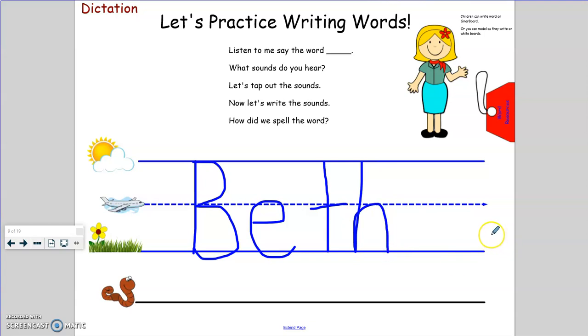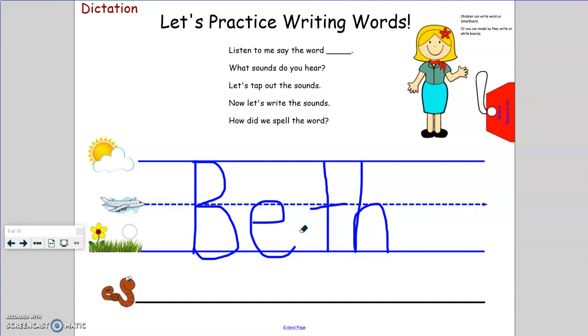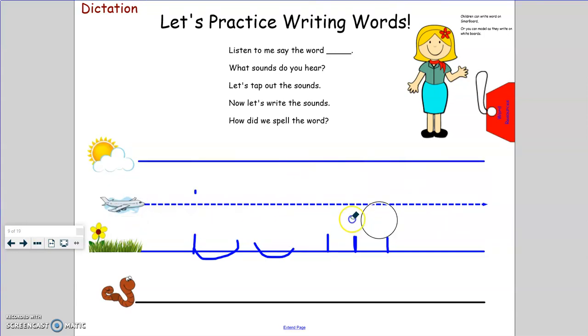Okay, tappers up. Beth. Beth is a girl's name, and I made sure that our B was capital because it is a person's name. Great job.